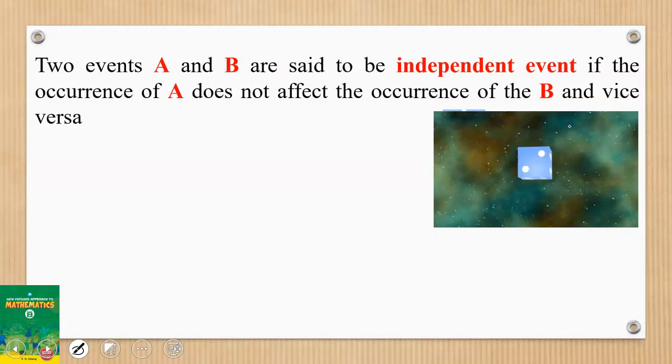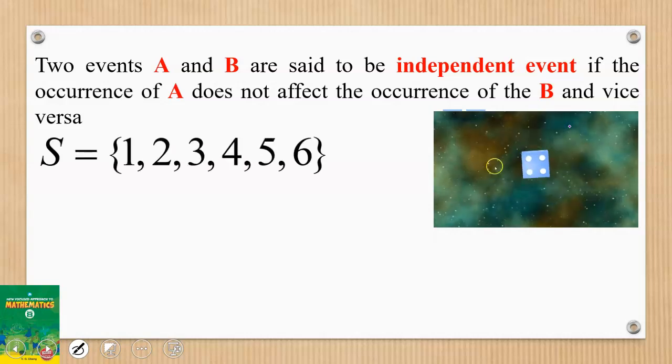For example, if I toss a die once, we all know the possible outcomes will be 1, 2, 3, 4, 5, 6, right? Now, if I generate an event, remember in Book 7 we said an event is a subset of the sample space.